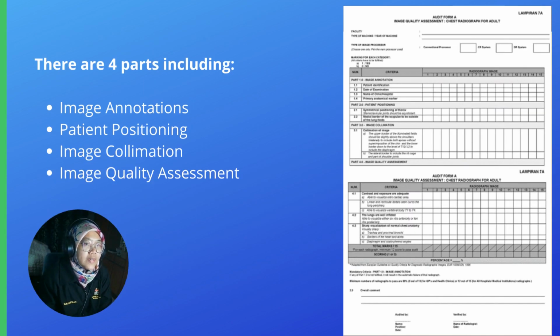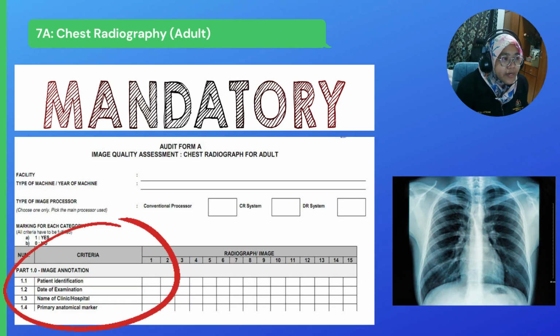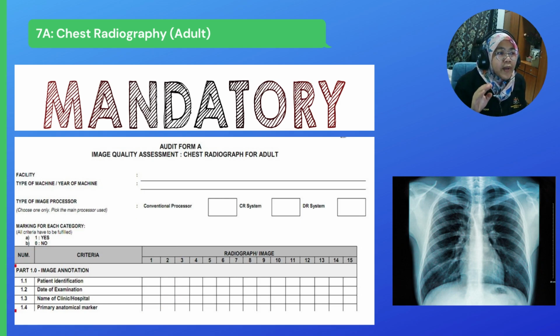There is four parts in audit form for image quality assessment, which start with image annotations, patient positioning, image collimation, image quality assessment. As I mentioned, there is four part in audit form, but the first one, image annotation, is a mandatory.